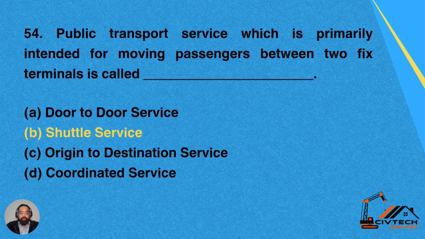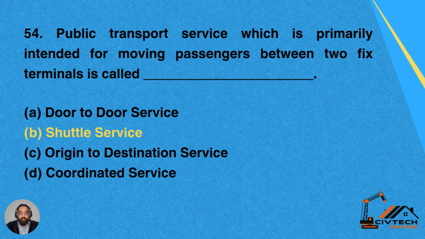Question 54. Public transport service which is primarily intended for moving passengers between two fixed terminals is called. Option A, door-to-door service. Option B, shuttle service. Option C, origin to destination service. And option D, coordinated service.